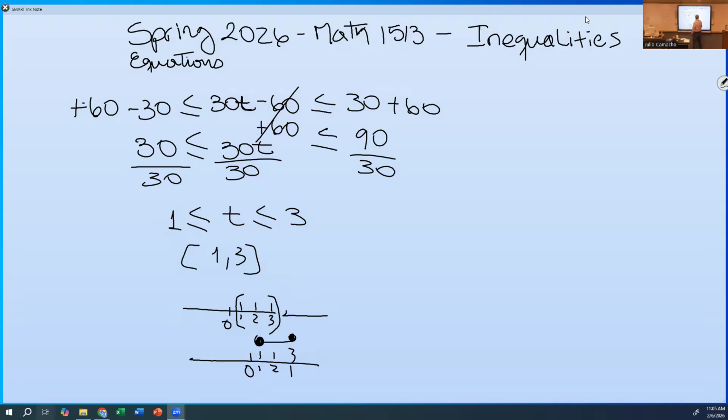And then in set builder notation, you put your curly brace, your x, the bar, and you put 1 less than or equal to x less than or equal to 3, and close it. That will be the answer. And those are the 3 examples that you will see in your assignment. They repeat, but it's the same kind of example.